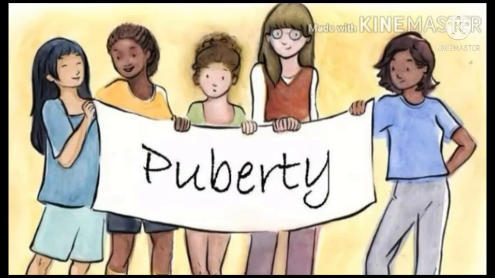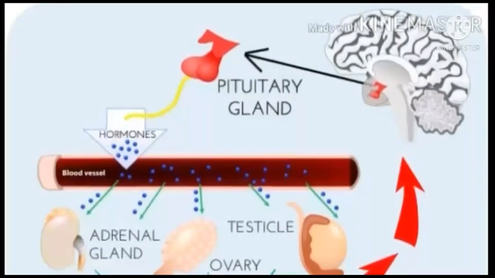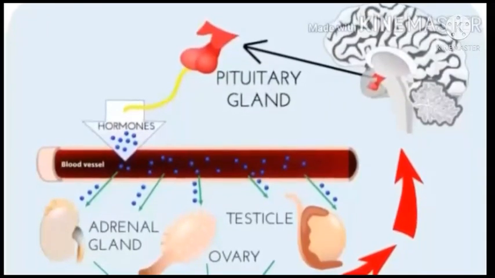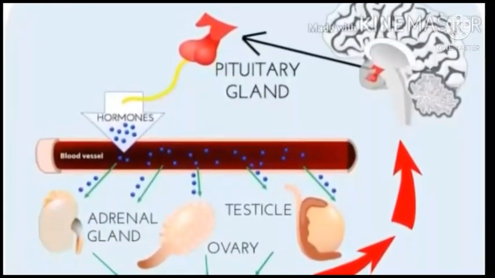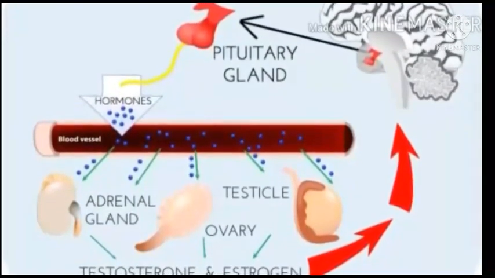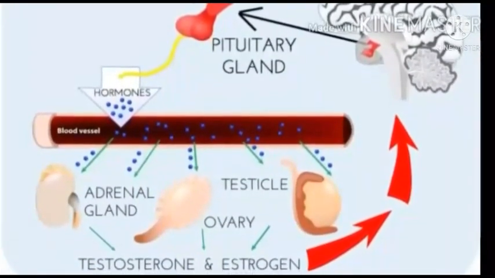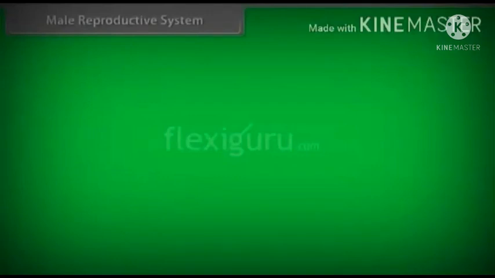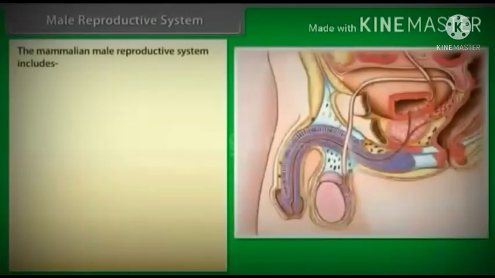This age is known as the age of puberty. During sexual maturity, hormonal changes take place in males and females, and secondary sexual characters are developed under the influence of these hormones. Now let's talk about the male reproductive system.